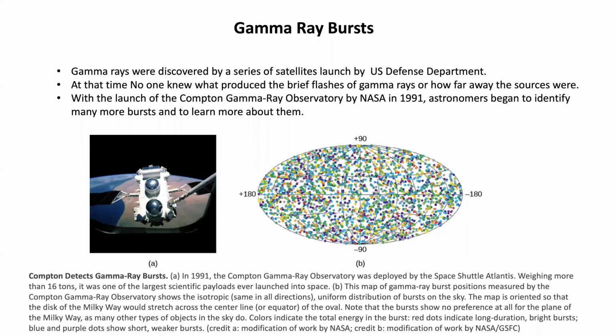The reason that they used a gamma ray detector is that nuclear reactions or activities produce these high energies, which you can easily detect with gamma ray detectors. So they sent a series of satellites to the sky to detect those kinds of activities through gamma ray detectors.